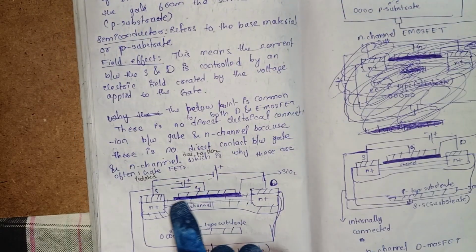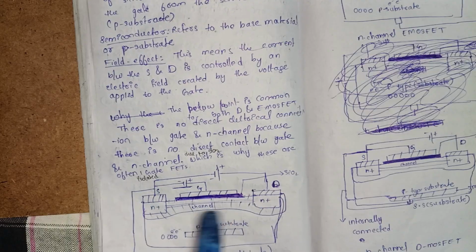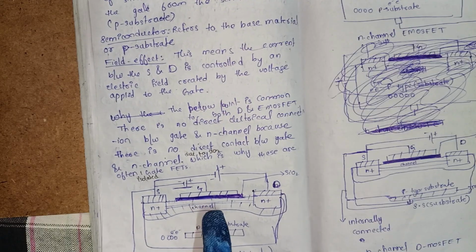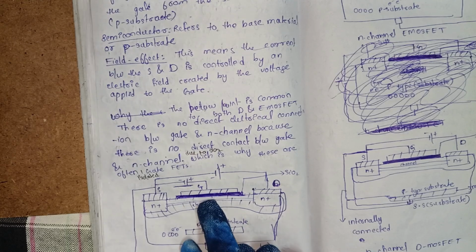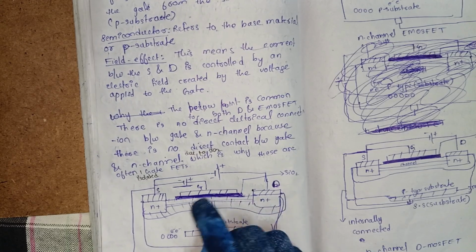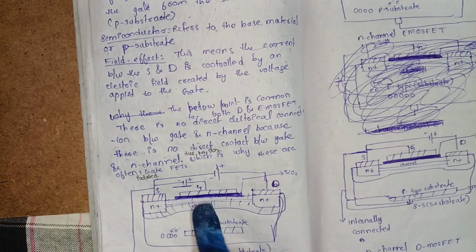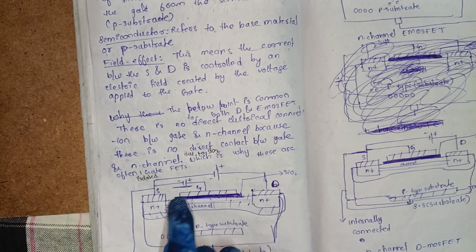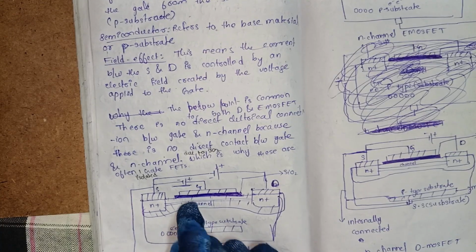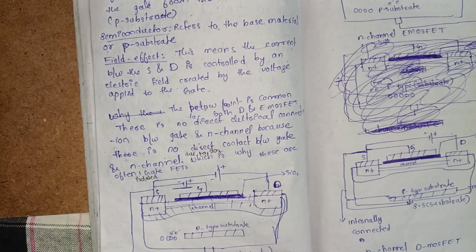So here the p-n junction is along the entire boundary. Why? Because the n channel is sitting in the p substrate. That's why a p-n junction is developed, which is reverse biased, and due to the diffusion, the depletion region is developed.